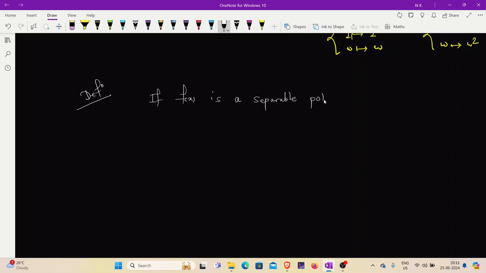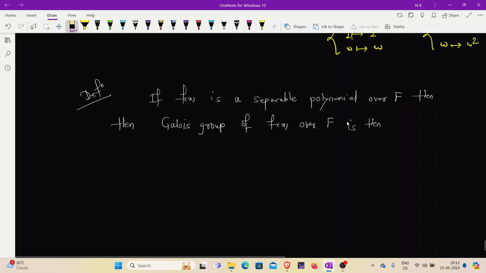If f of x is a separable polynomial over F, then the Galois group of f of x over F is the Galois group of the splitting field of f of x over F.